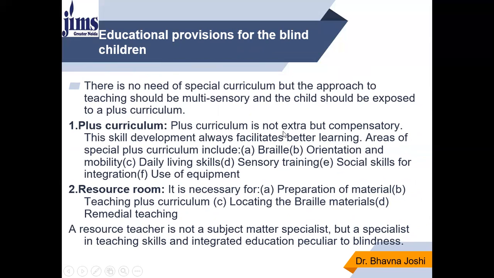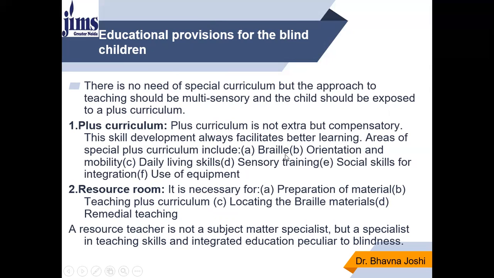It is not about having an extra curriculum, but you can say a compensatory curriculum. For example, skill development is very important for these children, because at the end of the day, it is very important to make them financially independent.